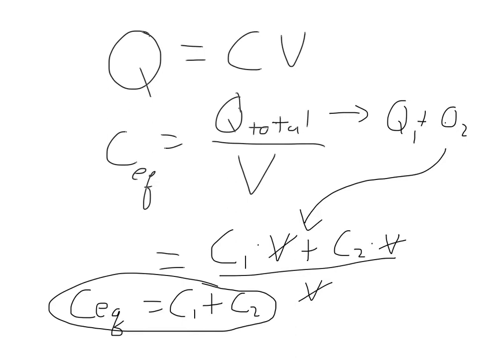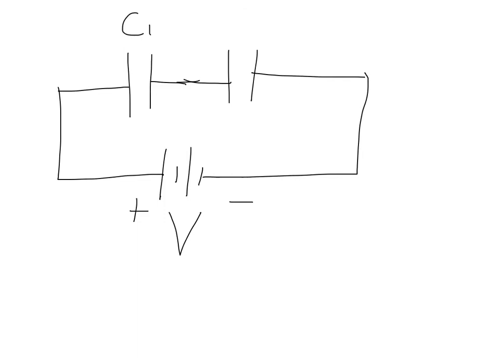Alright? Now what about if the capacitors are in series? How does that work? When capacitors are in series, you can look at it similarly. So in other words, if I have a battery here, a power supply, with a voltage V, and I have a capacitor here C1 and another capacitor here C2, each one is going to have a different voltage because the sum of the voltage across this one and the sum of the voltage across that one, the sum of the two voltages is going to be equal to the source voltage.